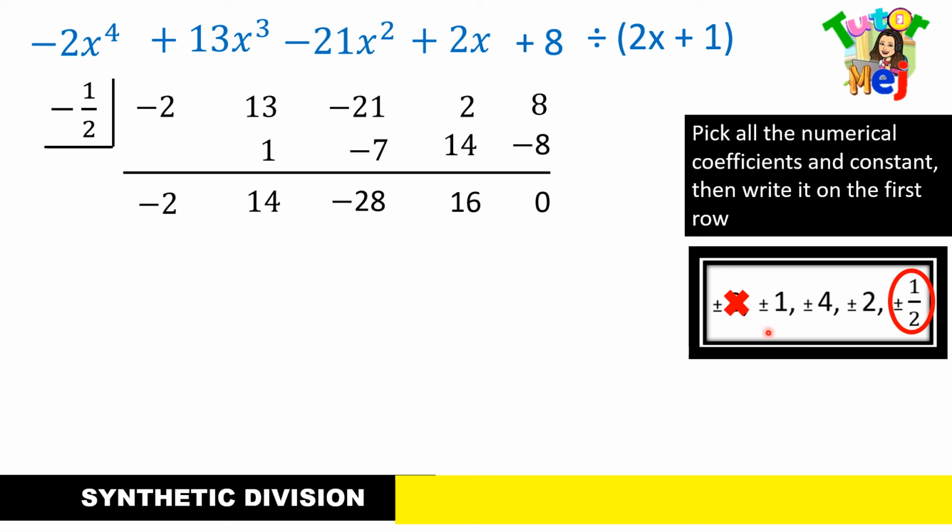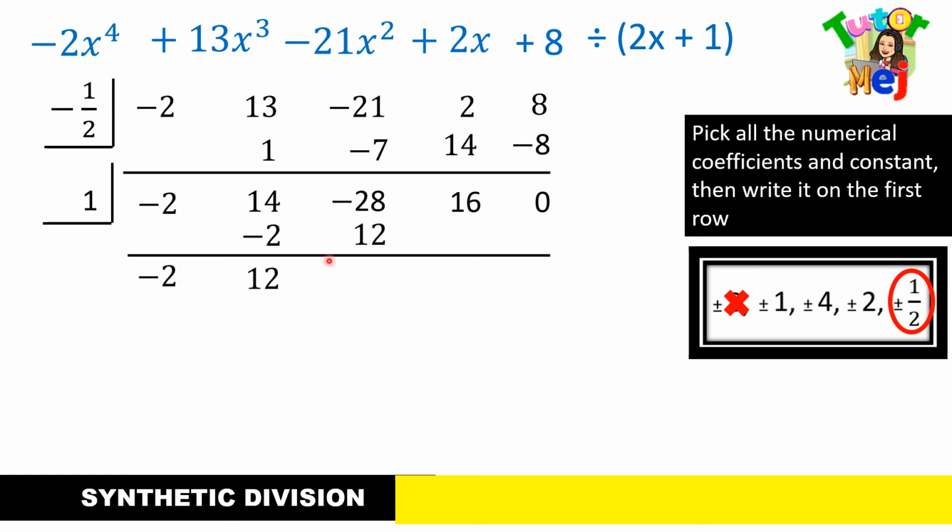Let us try positive 1 as divisor. Okay, let's have here positive 1. Do the same process. Bring down negative 2. Multiply negative 2 by 1. We get negative 2. Adding up positive 14 and negative 2, we got positive 12. Multiplying 12 by 1, we got positive 12.